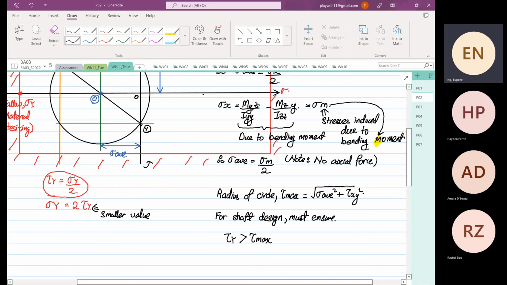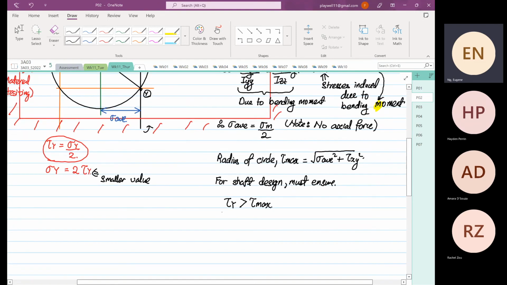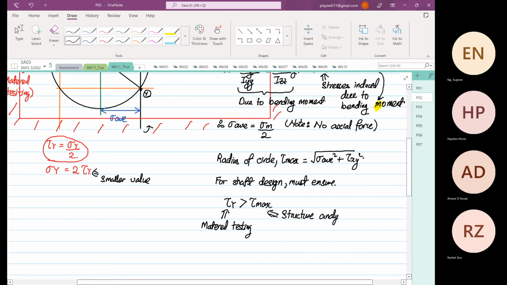The maximum stress must be smaller than the yield stress. So this yield stress over here is from material testing. The tau max over here is from structure analysis.